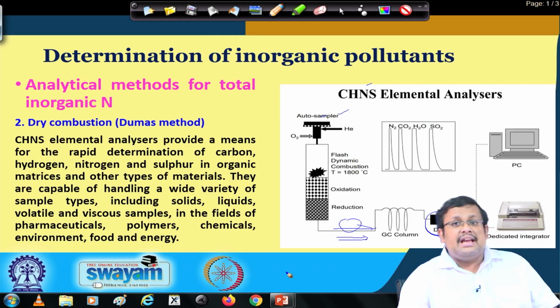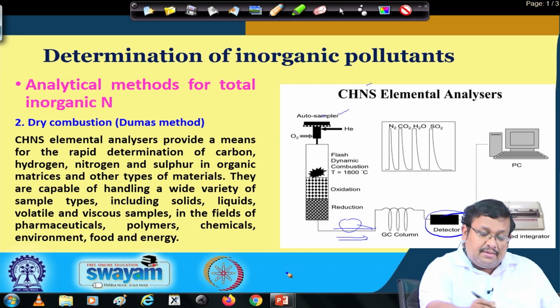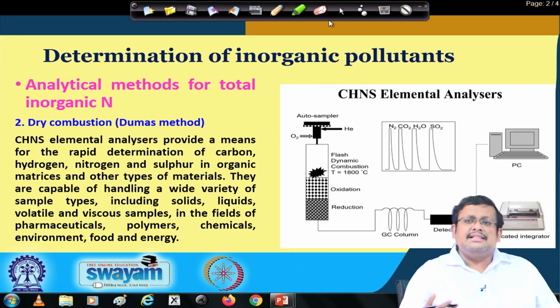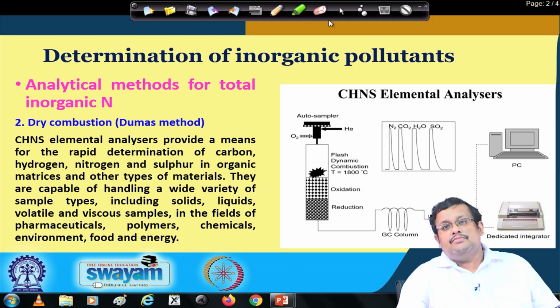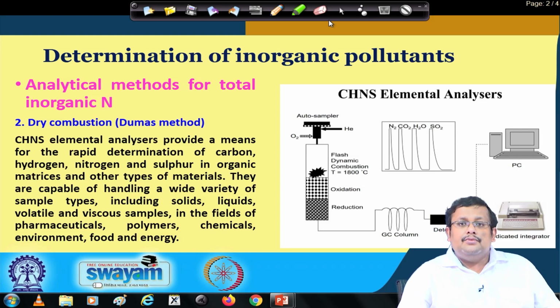So, the next slide will give you more information about this CHNS analyzer. The CHNS analyzer is a very important instrument and it is very accurate. So, if you are interested to measure the total carbon and total nitrogen in the soil, you need this instrument, a very sophisticated instrument too.